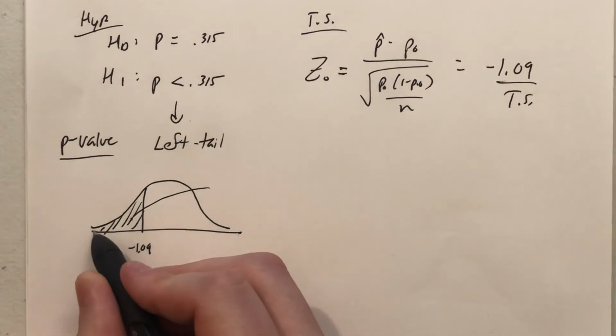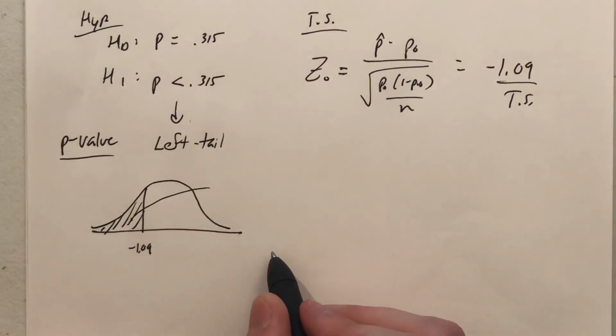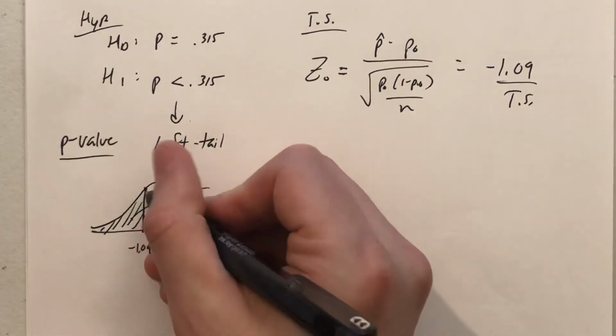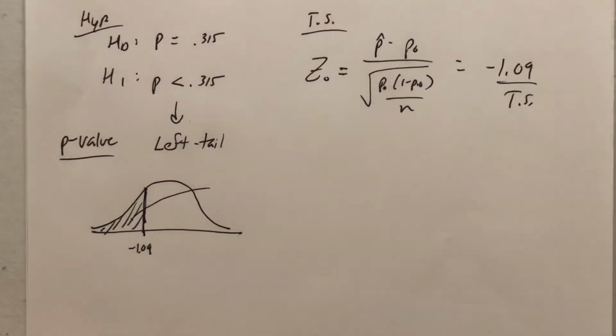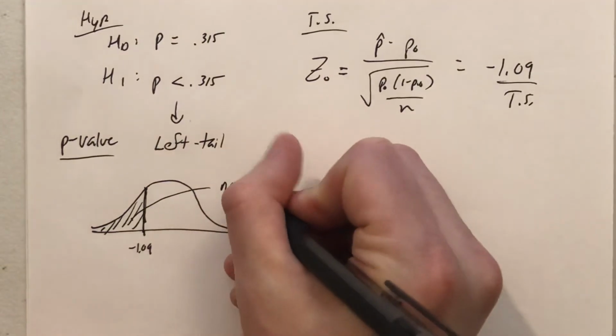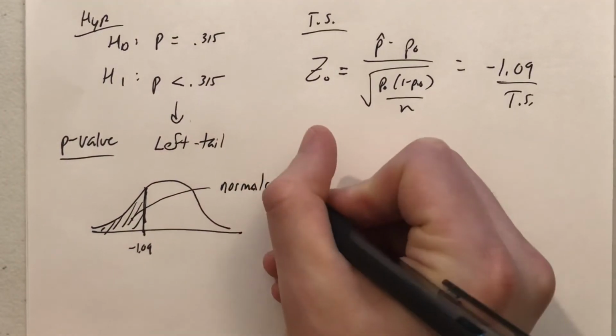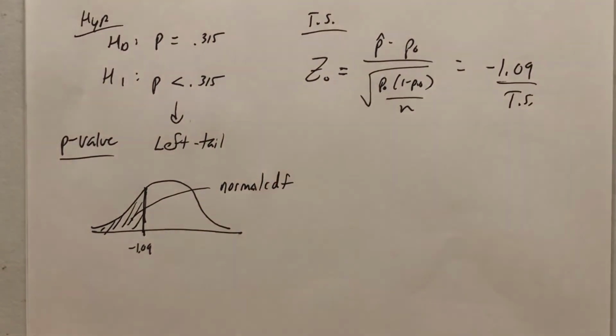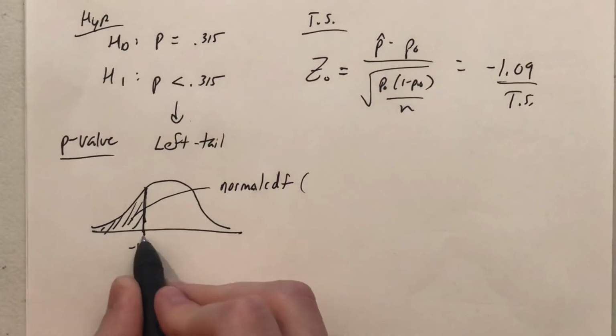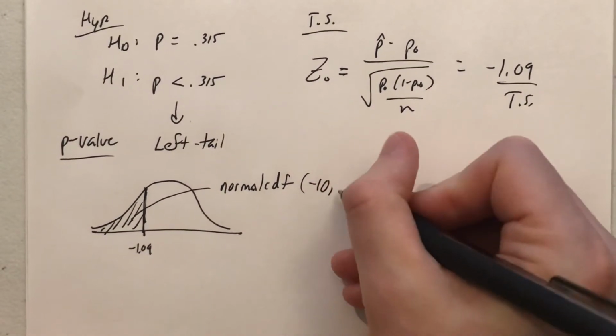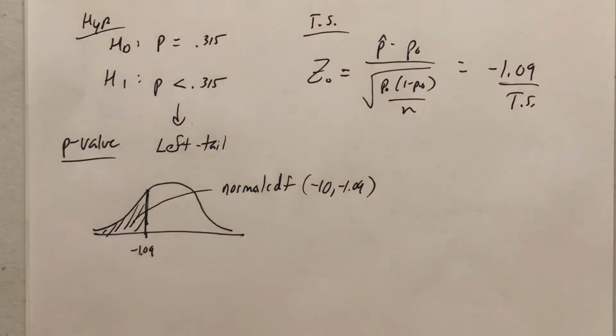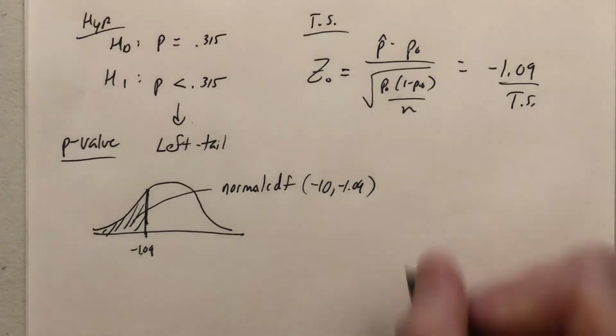Now, if you have a picture of a bell-shaped normal curve where you know the z-score and want the area, remember that's not inverse norm, that's our other normal calculator function, normal CDF. In this case, since it's going left forever, we can use something like negative 10, and ask for the normal CDF from negative 10 to negative 1.09.